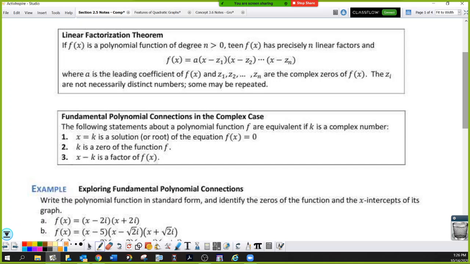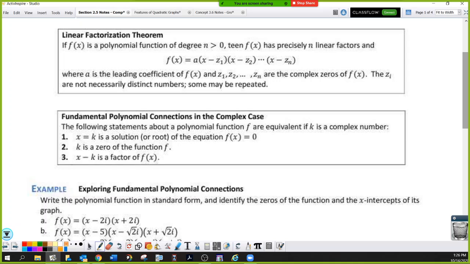Those are the complex zeros of f of x. Mathematicians use z for complex numbers. Those z sub i terms are not necessarily distinct numbers. Some can be repeated. Remember, multiplicity. I will save you the pain of multiplicity of complex solutions, though. Don't you worry about that.